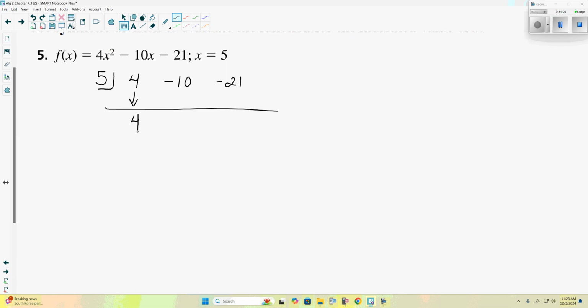And bring down the 4. 5 times 4, 20. Add straight down. Negative 10 plus 20, 10. 5 times 10 is 50. And lastly, negative 21 plus 50 is 29. So the answer for this is 29.